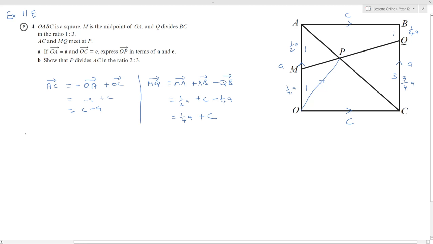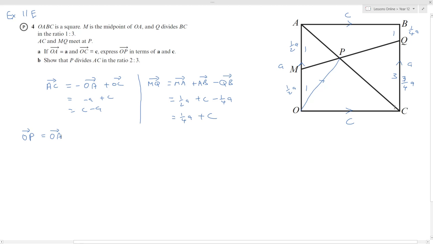We can say vector OP is equal to OA plus AP, but AP is along the diagonal AC.